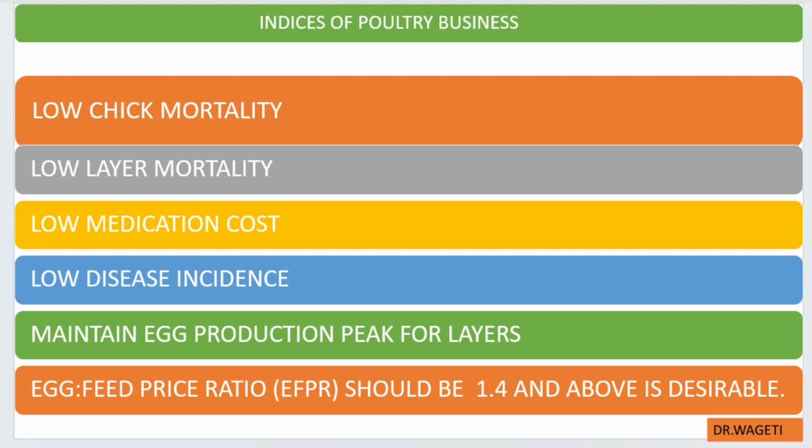It shall be 1.4 and above. Anytime you are calculating per day and it's below 1.4, that farm is in danger. It's a guide to give you. Once you are at 1.4 and above, fine, but once it's 1.3 or 1.39, something is wrong. So you have to track it. These are indices that you have to use in layers.